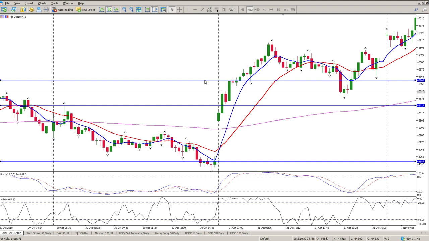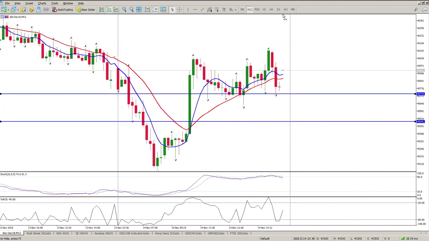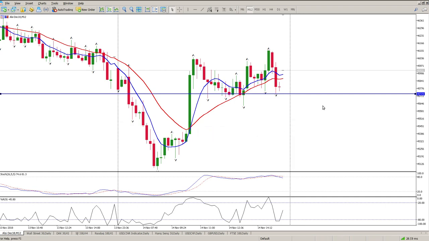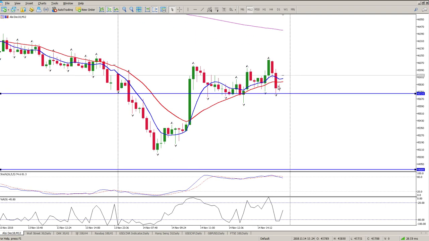If I take this middle line, this is our last line of defense, 45,490. And we did break through 45,490, so we can get rid of that. So there's definitely merit for this.